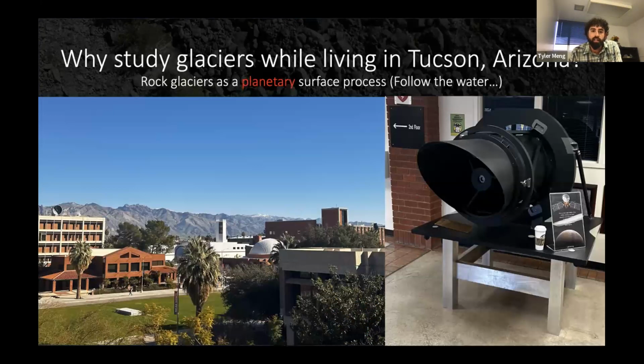So I'll address the elephant in the room. Obviously, I'm sitting here in Arizona, which does not evoke thoughts of glaciers in a typical mind. But actually, I have a picture here of the U of A campus. I'm sitting right here in this building, and we're looking in the background towards the Catalina Mountains, which you can just see a little dusting of snow there.